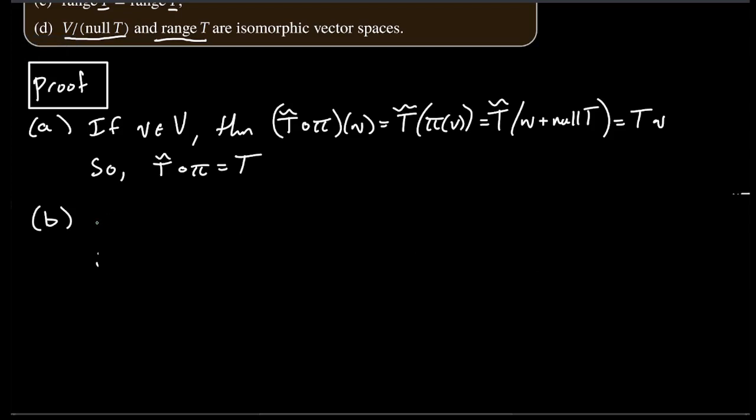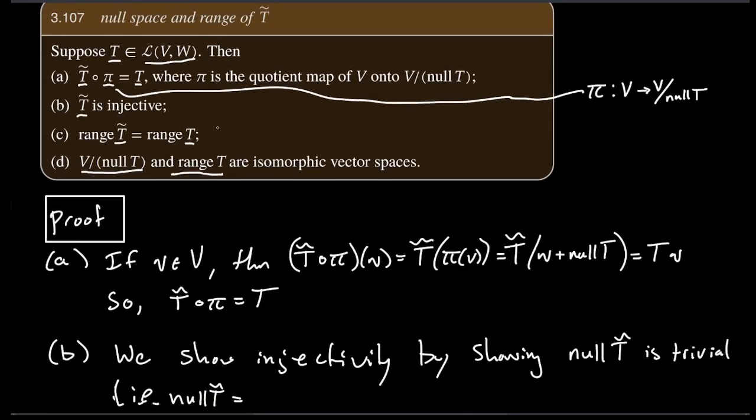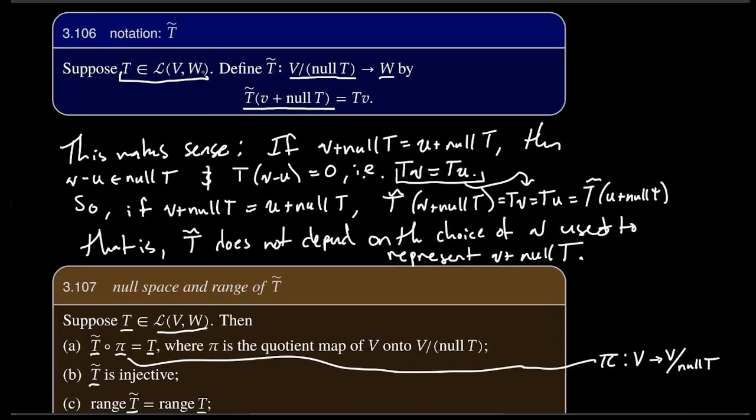Here, we'll show injectivity in the following way. We show injectivity by showing, I'll use the fact that we can just show that the null space of T tilde is trivial, i.e., null T tilde is equal to, well, T tilde sends v mod null T to w.